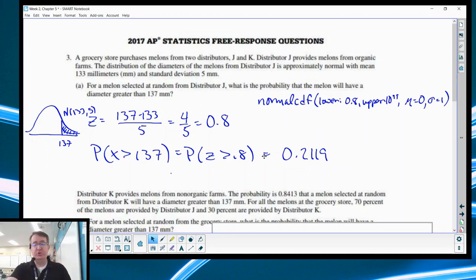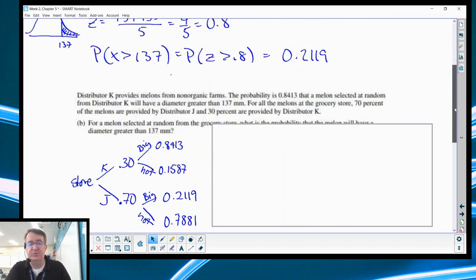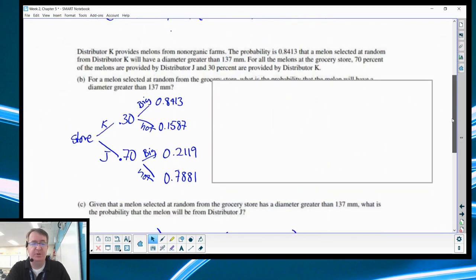Now for part 2, there are a couple of different ways to do it. I'm going to show you the way that I lean, which is probably the easiest to reason your way through, particularly if you get stuck. Distributor K provides melons from non-organic farms. The probability is 0.8413 that a melon selected at random is larger than that 137 millimeters.